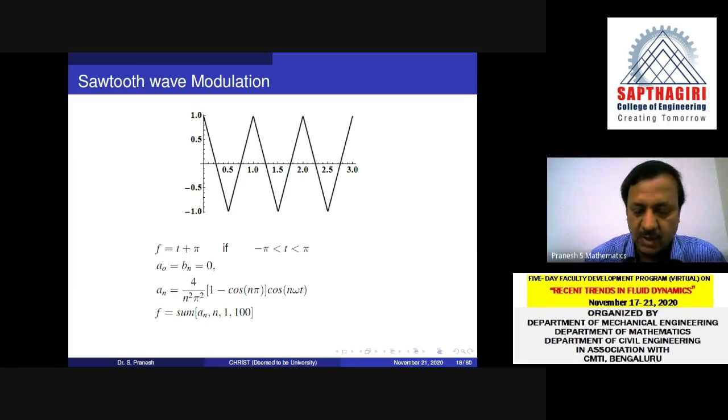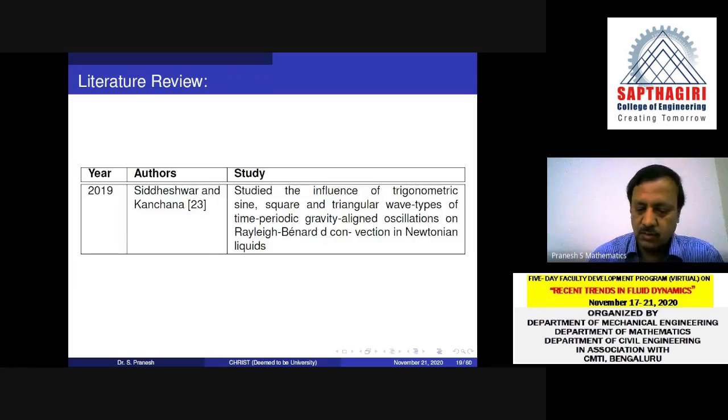Let me come to that part later. Recently, in 2019, Siddheshwar and Kanchana used the influence of trigonometric sine, square and triangular waveforms to study the gravity aligned oscillation in Rayleigh-Bénard convection in Newtonian liquids.